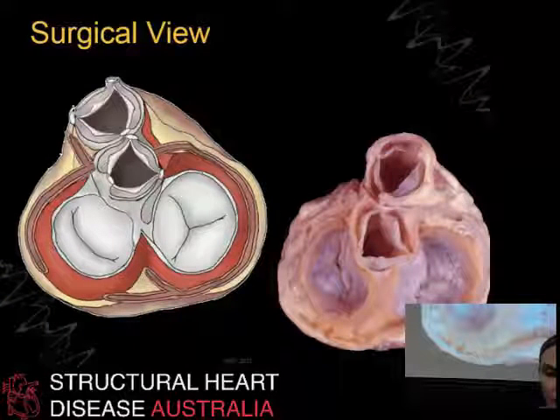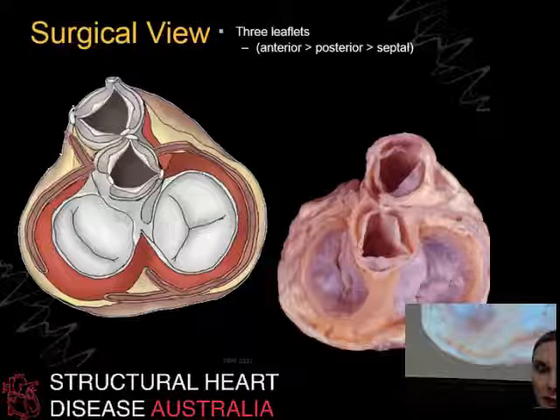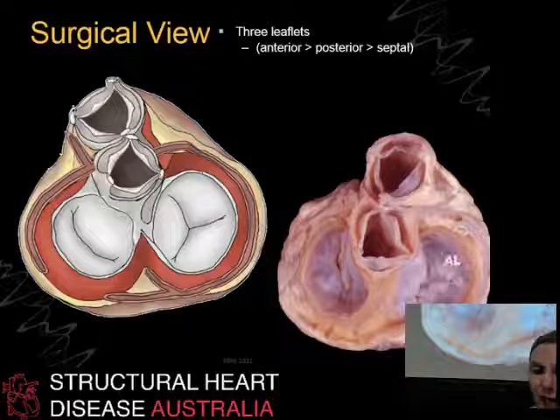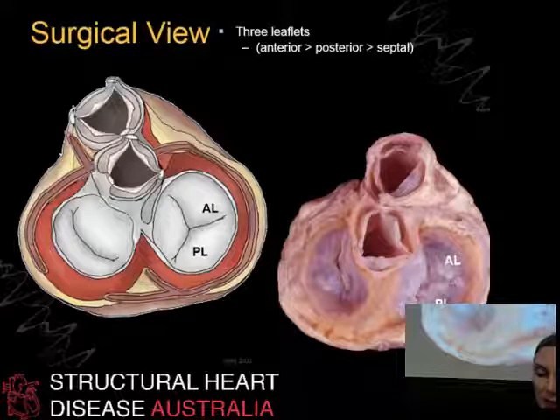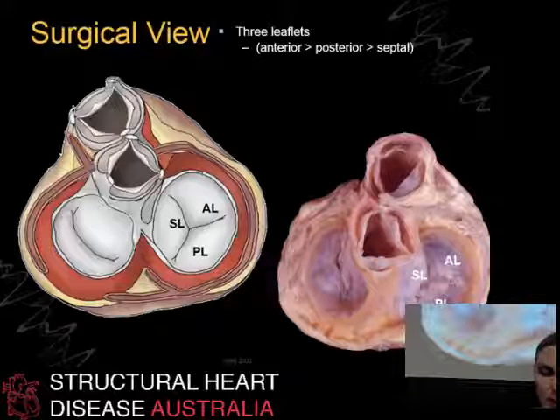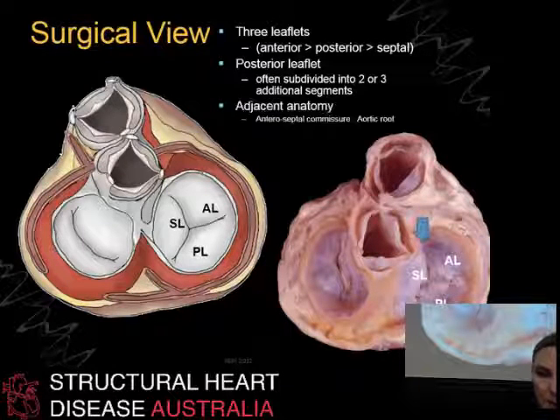It's a complex valve that contains three leaflets, but they're three asymmetric leaflets, with the anterior leaflet being the largest and semicircular in shape. The posterior leaflet is located posteriorly in the tricuspid valve position, and the septal leaflet abuts the septum. The posterior leaflet may be subdivided into a number of segments or scallops.